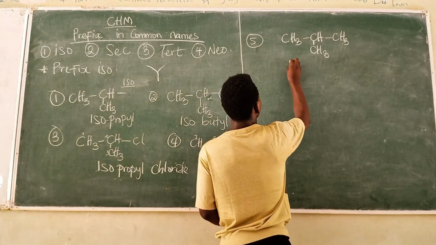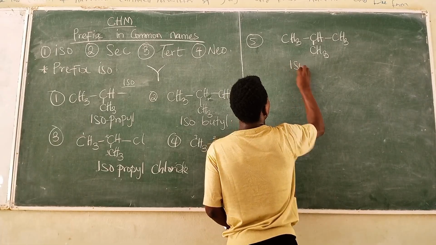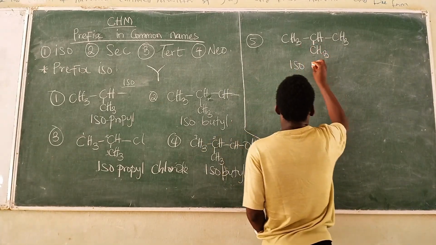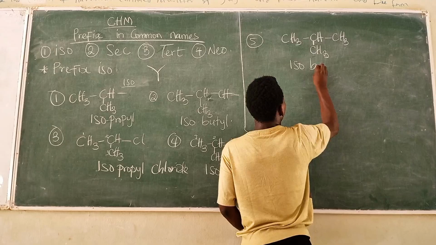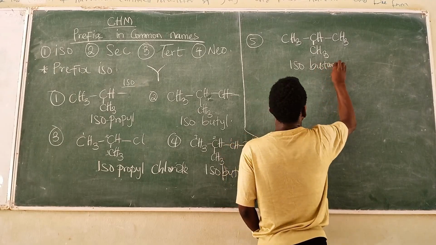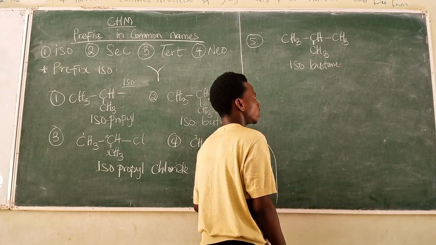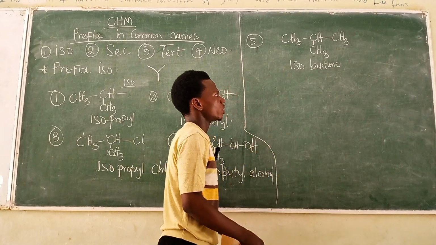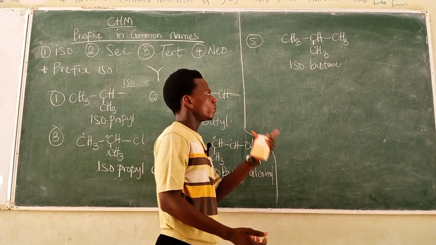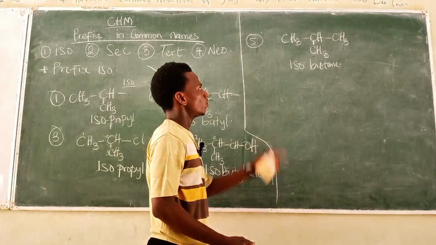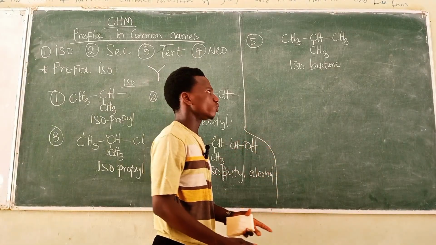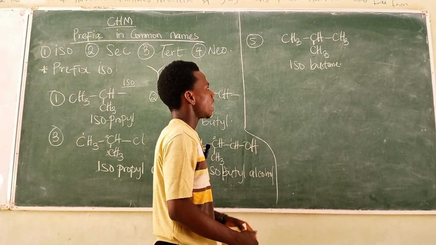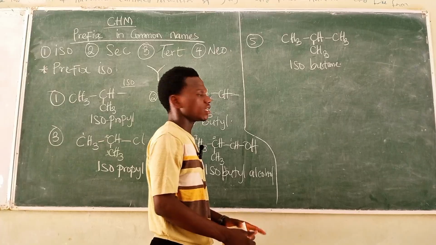So the name becomes isobutane. Isobutane, no longer isobutyl, because the whole structure is not bonding to any other parent chain, but instead it is a whole structure. So the name becomes isobutane.